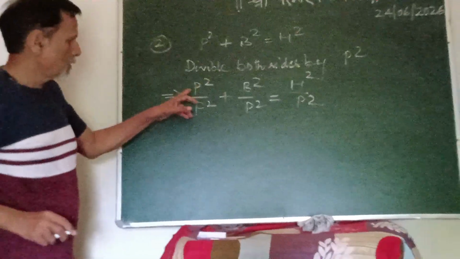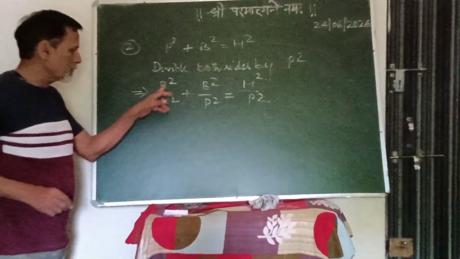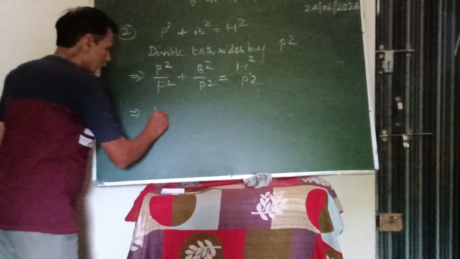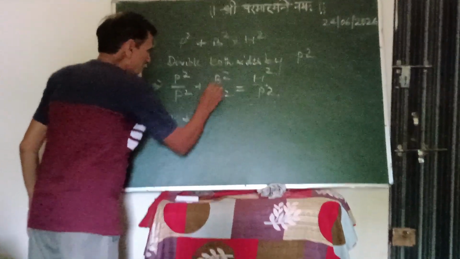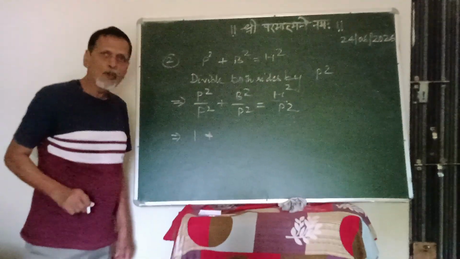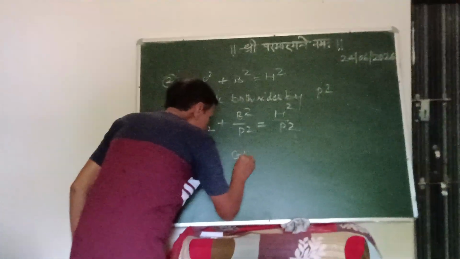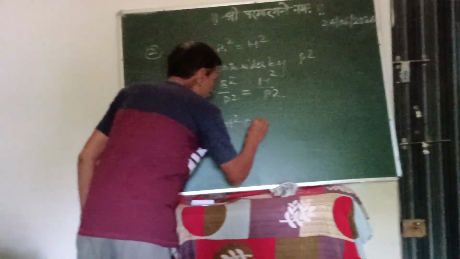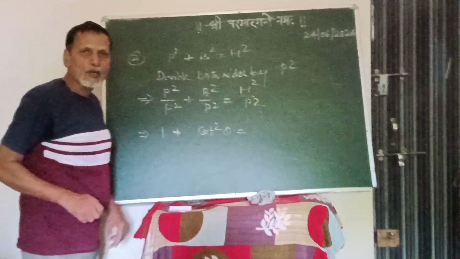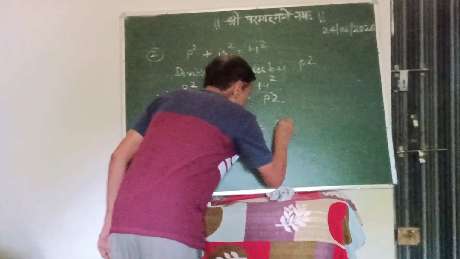See here, p square by p square is equal to 1, plus b square by p square is cot square theta, is equal to h square by p square, h by p is cosec, and that will be cosec square theta.